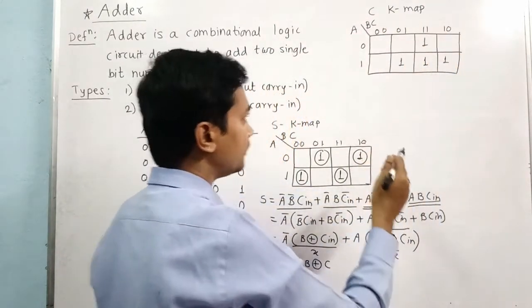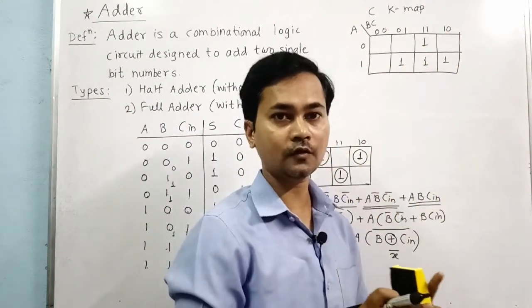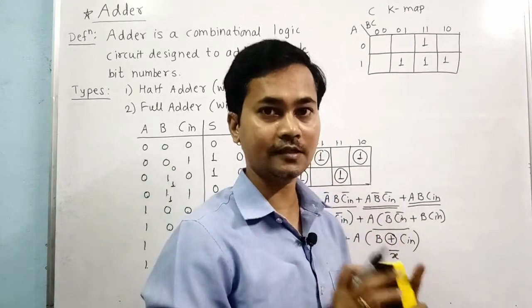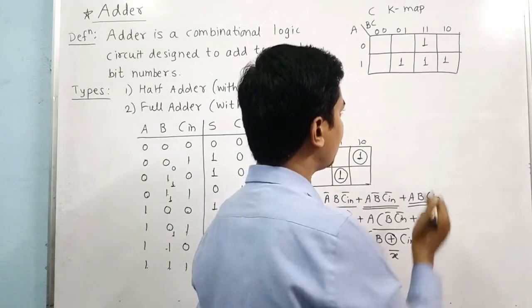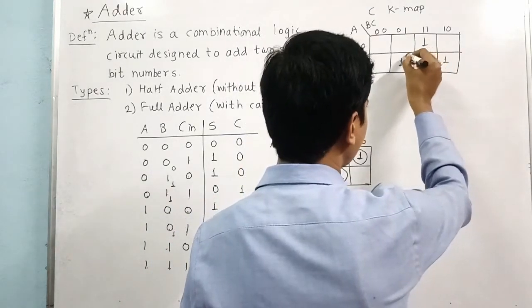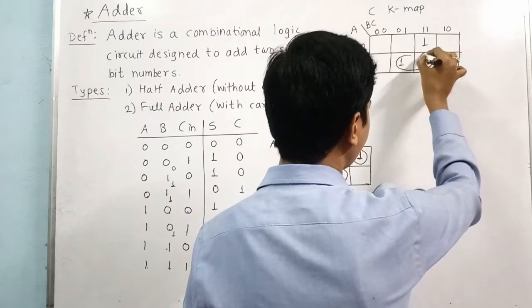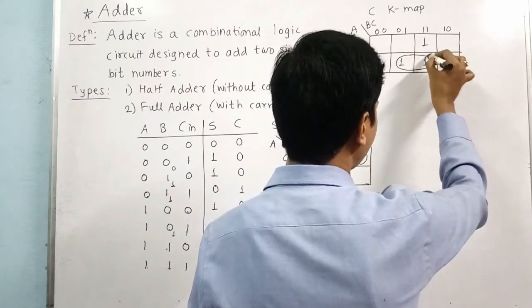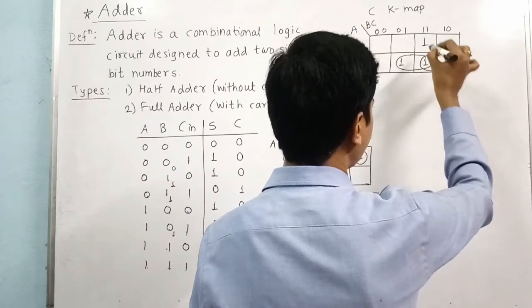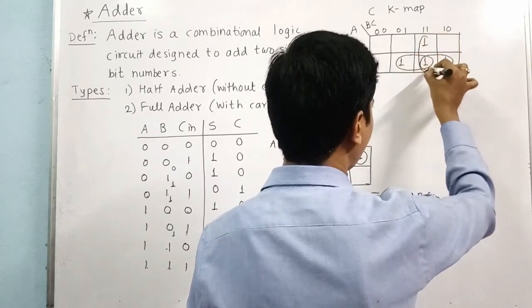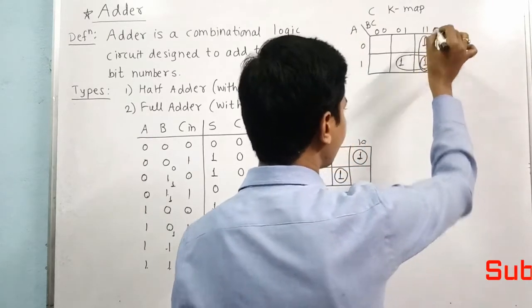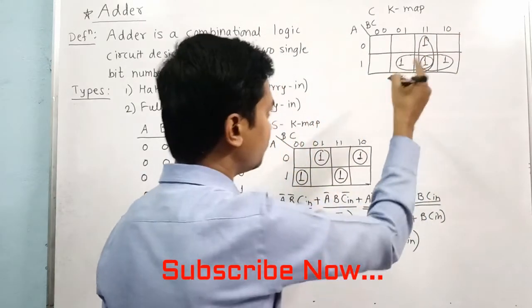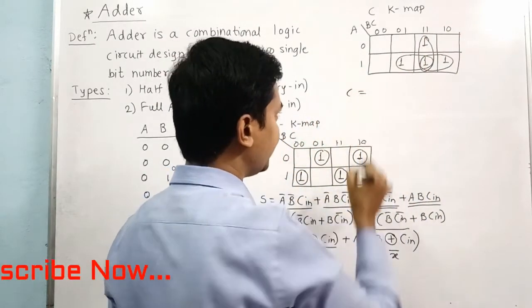Now we have to make the groups of 2 ones, consecutive ones. So how can we group it? First group of 2 ones is here, second group of 2 ones is here, and third we can have the group of ones likewise. From these groups we can obtain the Boolean expression.